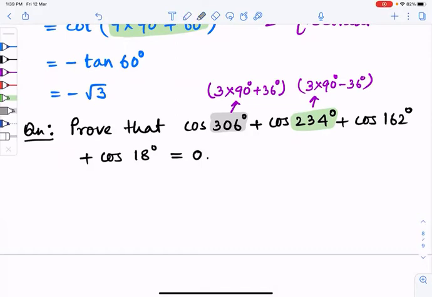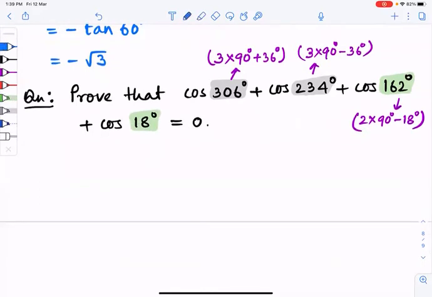Let us see what is 162. 162 we can express as 2 into 90, that's 180 degrees, and then minus 18 is 162. And this one is 18. There is no need to change this one.